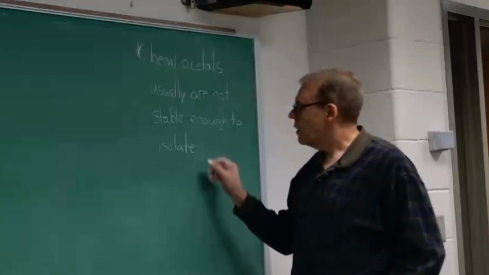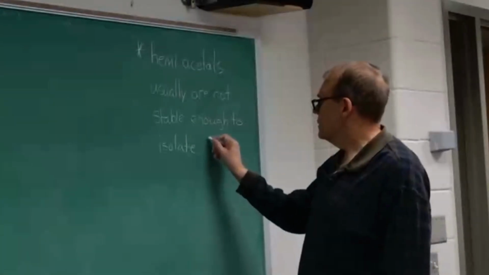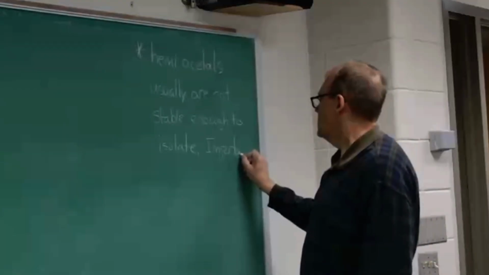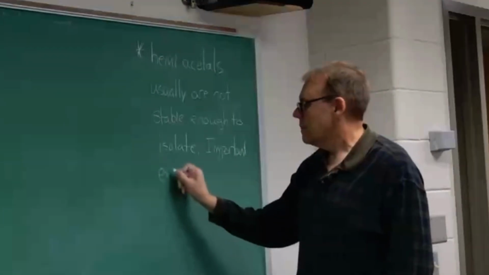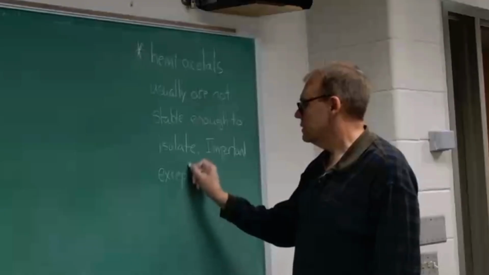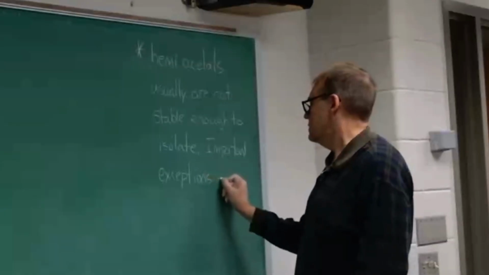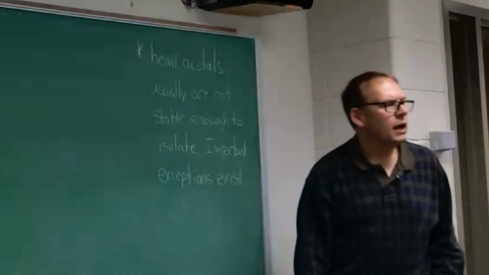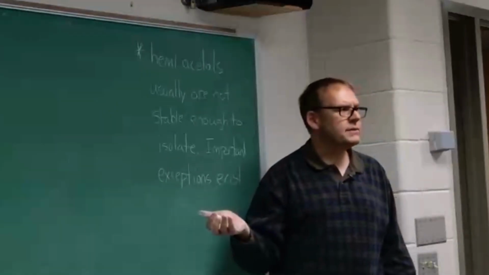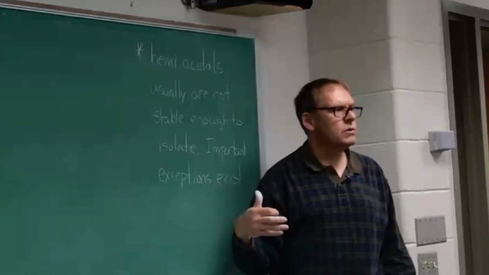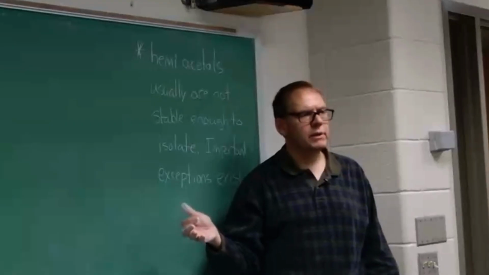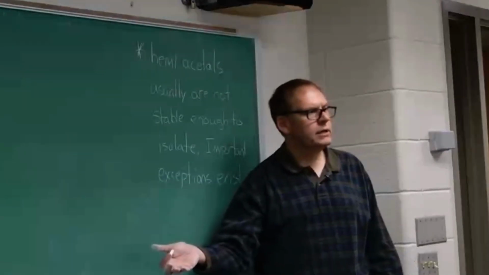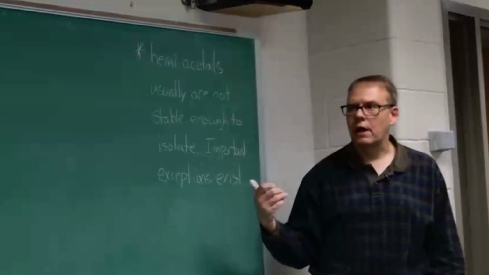There are some important exceptions. But for now, if you're trying to predict acetal formation or hemiacetal, just know that you're going to go through a hemiacetal intermediate, but it's not going to stop there. Hemiacetal is either going to go back to aldehyde or ketone, or it's going to continue on to acetal.